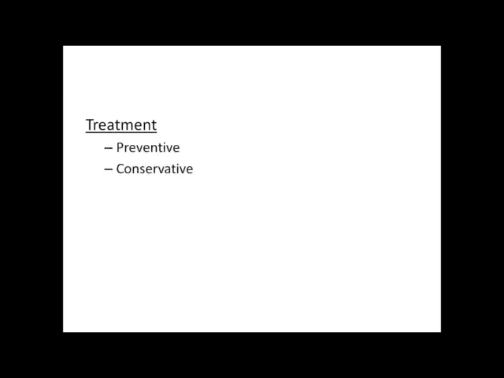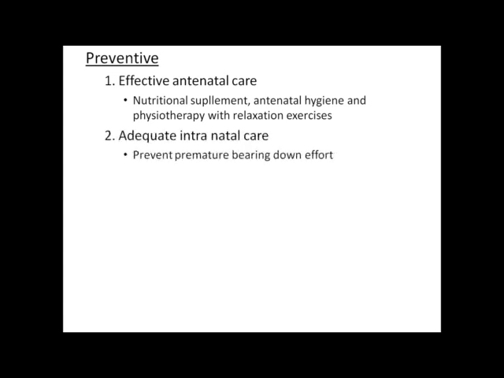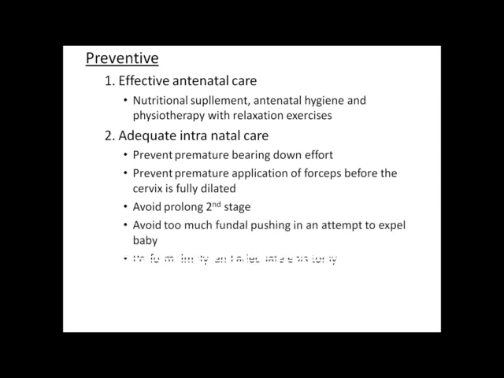Treatments: preventive, conservative, and surgery. Preventive measures include effective antenatal care, that is nutrition supplement, antenatal hygiene, and physiotherapy with relaxation exercise. Adequate antenatal care, prevent premature bearing down effort, prevent premature application of forceps before cervix is fully dilated, avoid prolonged second stage, avoid too much fundal pushing in attempt to expel the baby, perform timely and adequate episiotomy, repair any perineal injuries immediately and accurately.